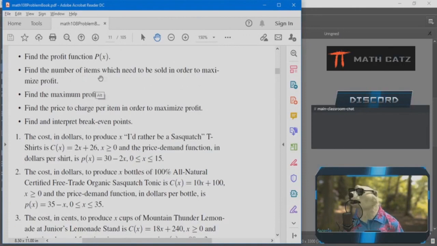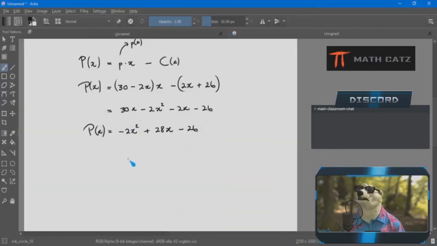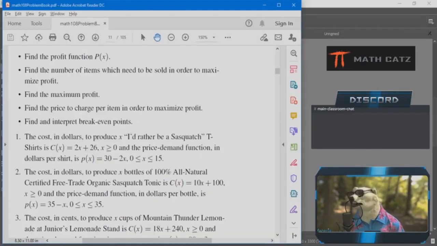Find the number of items which need to be sold in order to maximize the profit. Now, in the beginning, this question might not have made much sense, but now that I see it's a quadratic function, a parabola, there could be a maximum, and I want to find information about that maximum. But they knew it was going to be a quadratic function, that's why.